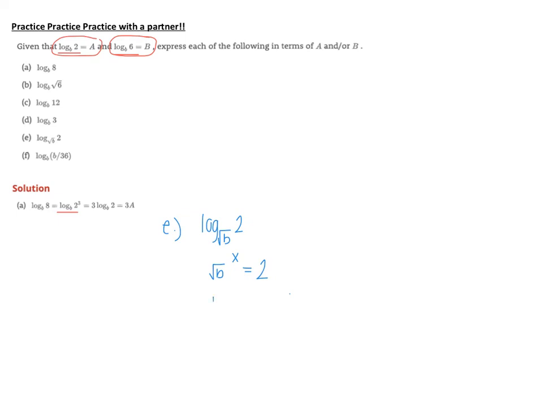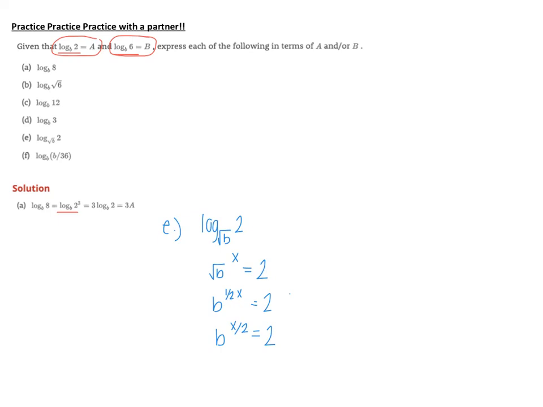I can rewrite this as b to the 1/2 times x equals 2, which is really b to the x over 2. I think that's easier to look at. Now I need to get this back into log, right?